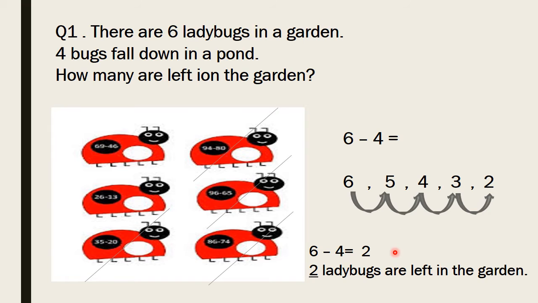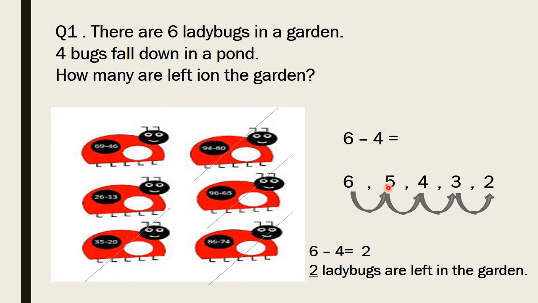You can also do the counting back process. You know that whenever you are adding two numbers, you count on, you move forward, and whenever you are subtracting two numbers, you count back, right? So here, how many steps would I count back? I would count back 4 steps. I'll start from 6 and I'll count back 4 steps. 1 step 5, 2 steps 4, 3 steps 3, and 4 steps 2.